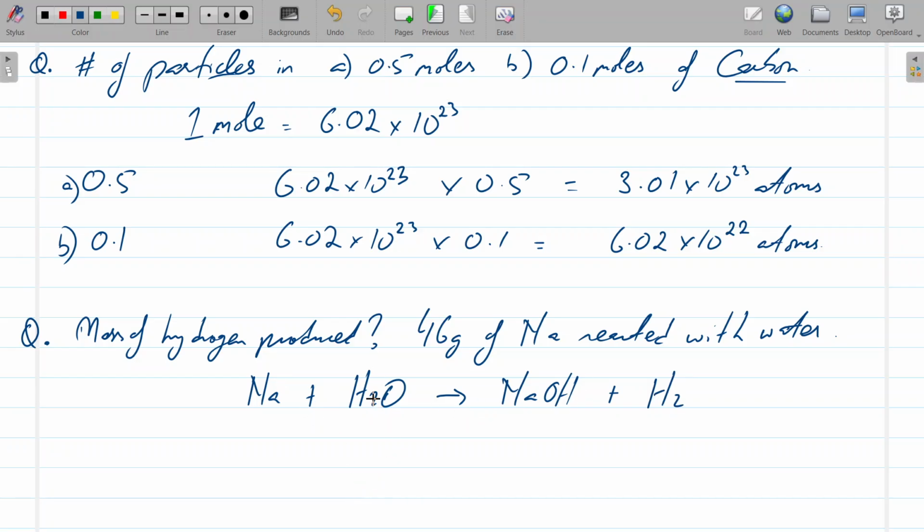Now, this is not balanced, is it? The sodium is fine, the oxygen is fine.